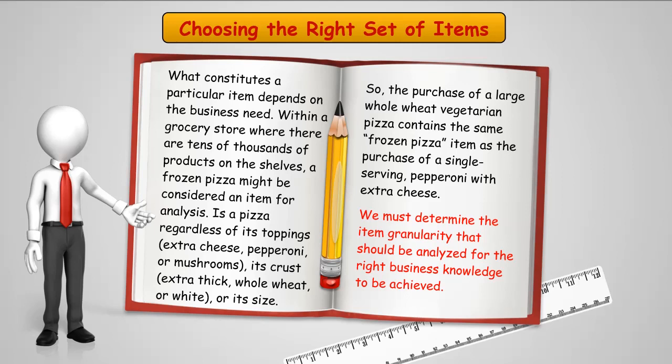But is a frozen pizza, regardless of its manufacturer and toppings, like extra cheese, pepperoni, mushrooms, its thin crust, thick crust, etc.? So the purchase of a large whole wheat vegetarian pizza, does that contain the same object as a frozen pizza of a single serving, pepperoni with extra cheese? We have to determine the item granularity that should be analyzed for the right business knowledge to be achieved. That's really important.